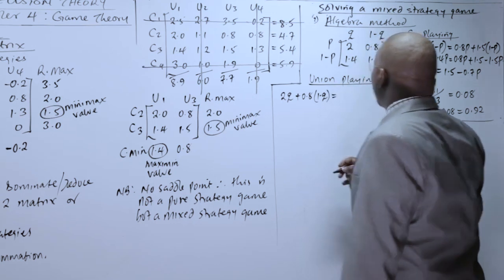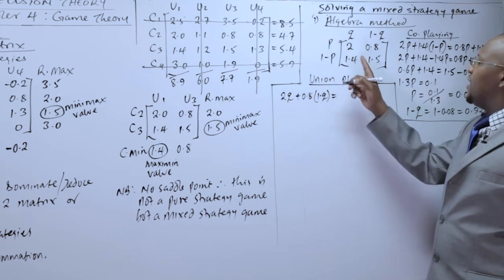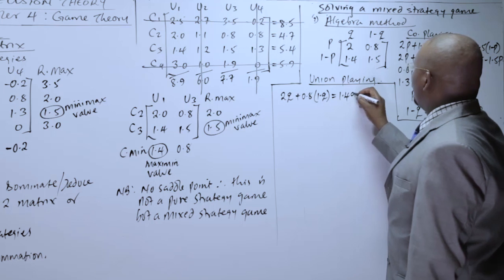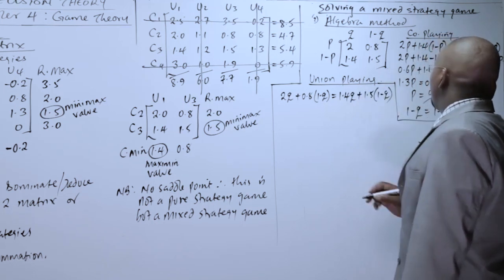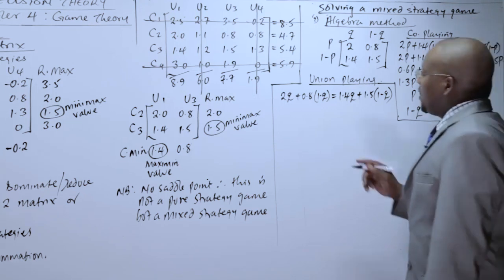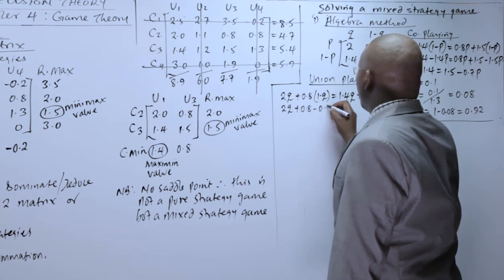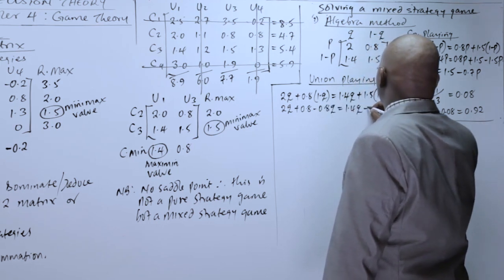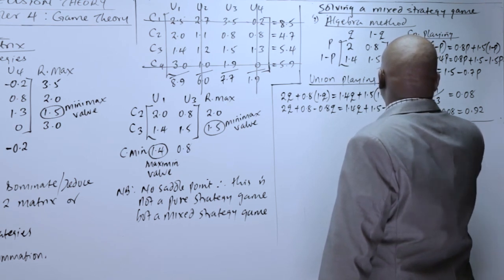They will make sure that this outcome, when the company is playing p, is the same as 1.4q plus 1.5 times 1 minus q. So 2q plus 0.8 minus 0.8q equals 1.4q plus 1.5 minus 1.5q.